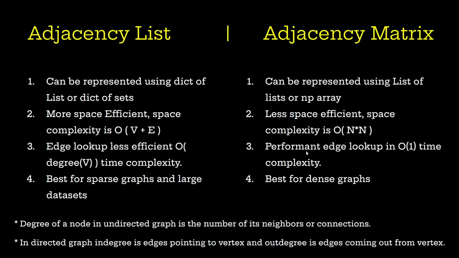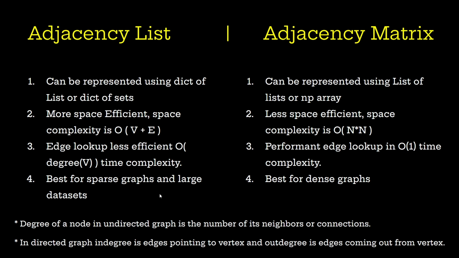We can have a lookup in big O of one time from a matrix. We have random access. We can just look at whether matrix[i][j] is 1 or 0. If matrix[i][j] is 1, then that means there is an edge from node i to node j. Okay, so this is it.